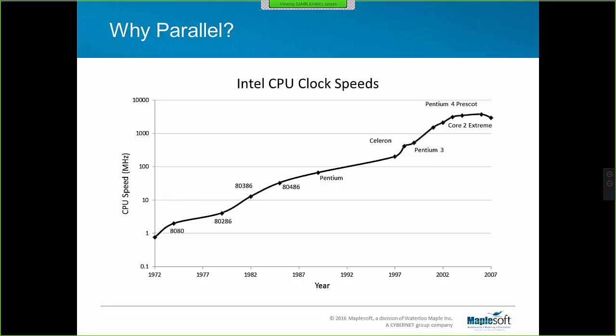However, this meant you couldn't make your math software faster just by buying a computer with more cores on the CPU. That software had to be rewritten in order to use the additional CPUs. And that, quite frankly, presents a challenge for companies like MapleSoft. Our customers are solving increasingly more complex problems, and we need to provide tools they need to do their jobs faster and more efficiently than before.